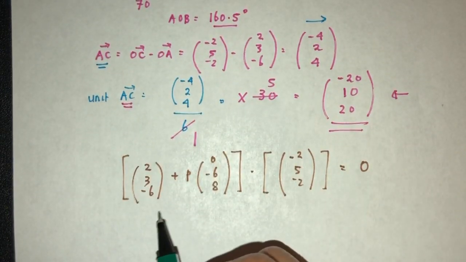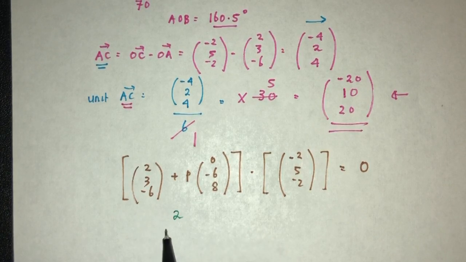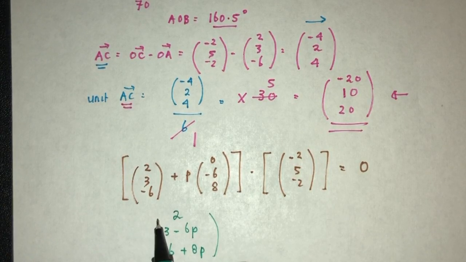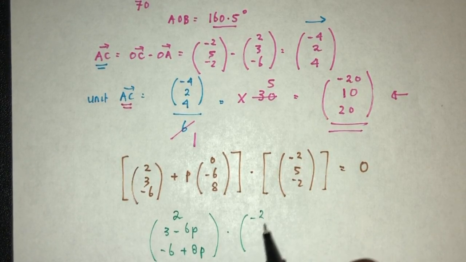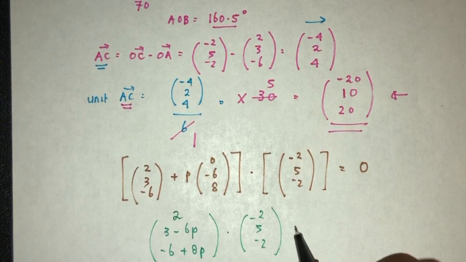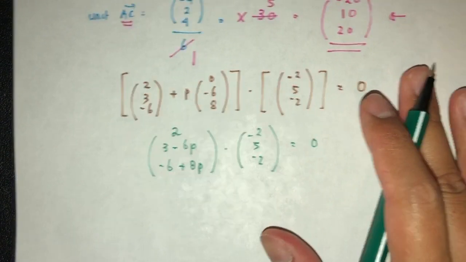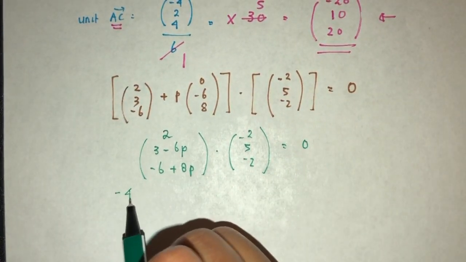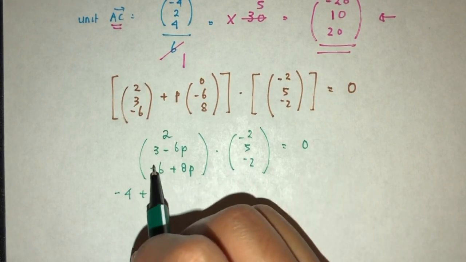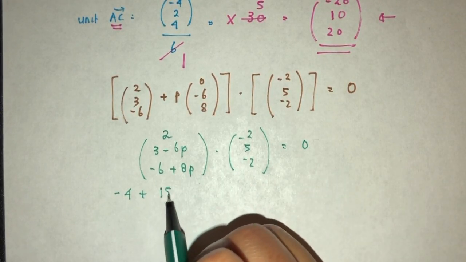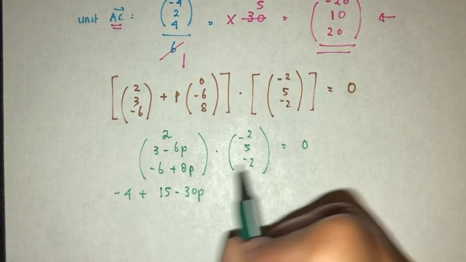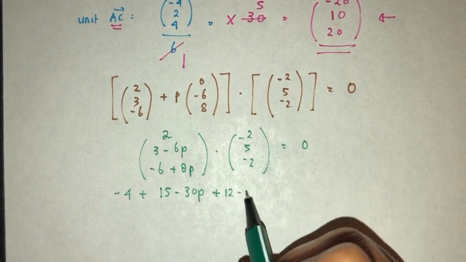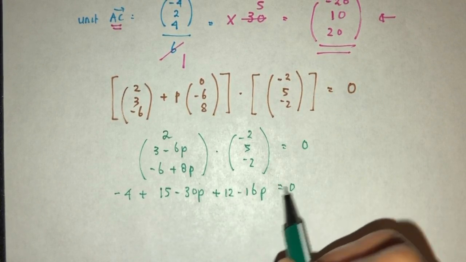Simplify. You have 2, here we have 3 minus 6p, minus 6 plus 8p right here, dot of (-2, 5, -2) has to be 0. Simplify, that will be -4. That should be 15 minus 30p, plus 12 minus 16p, has to be 0.